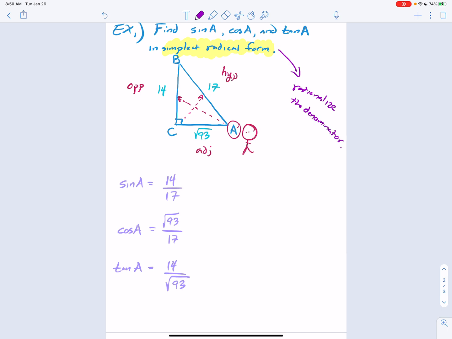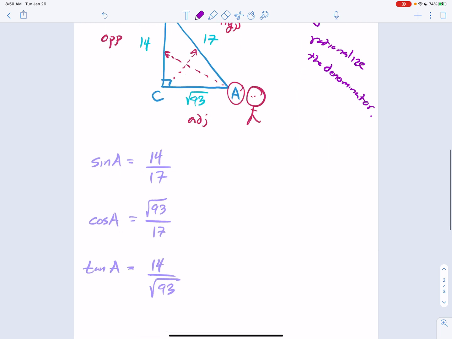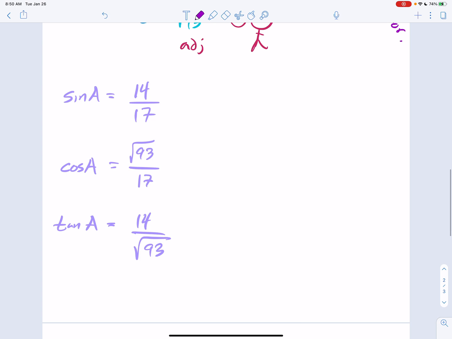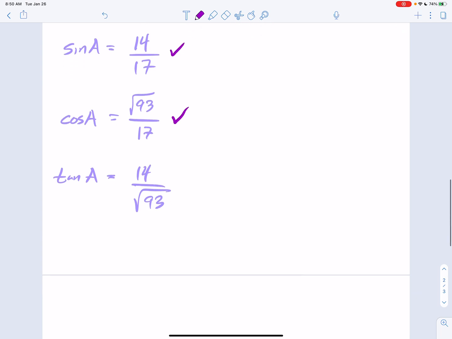Okay, so out of these three, which one has a square root or a radical in the denominator? So in this case, it's not sine of A, so this one you're good, okay? Cosine of A has a square root, but it's in the numerator, so you're okay. But tangent of A here is where you have a square root in the denominator, all right? So we have to rationalize it.